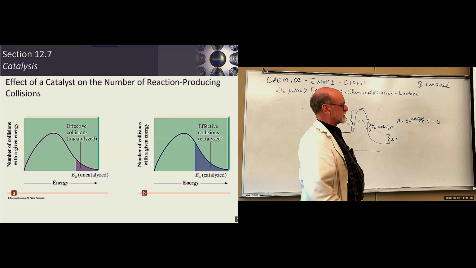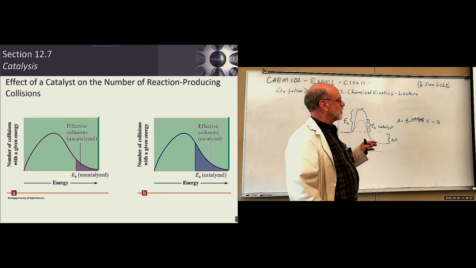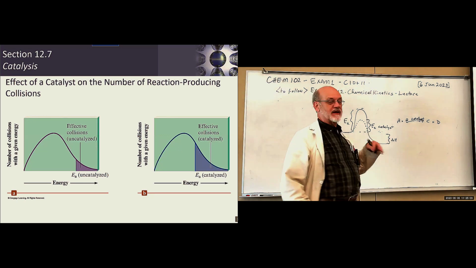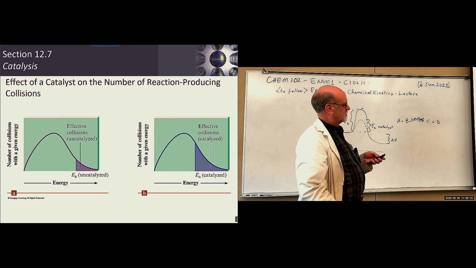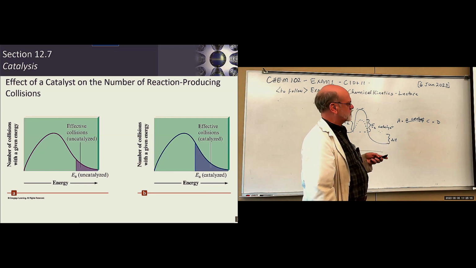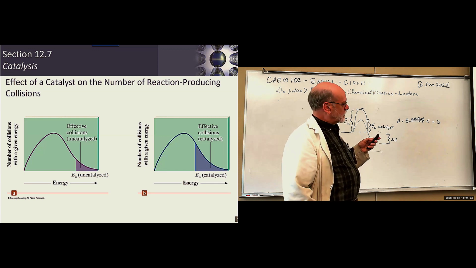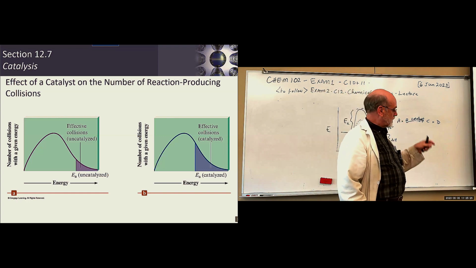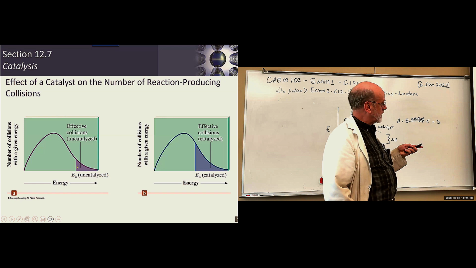All right, this is another explanation for what happens. If the y-axis is the number of collisions with a given amount of energy, you find that there's sort of a, that's not a normal distribution. It's more like a chi-square distribution. Anyway, with only the uncatalyzed reaction, you only have this many collisions, the area under that curve.